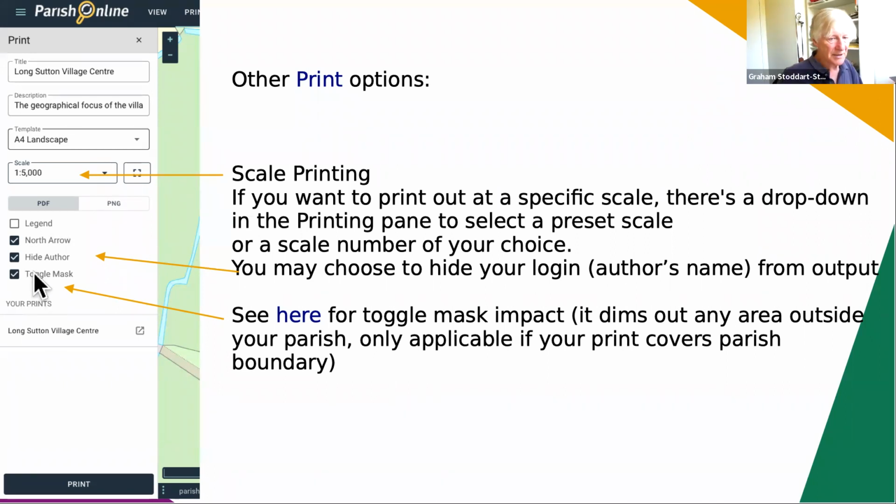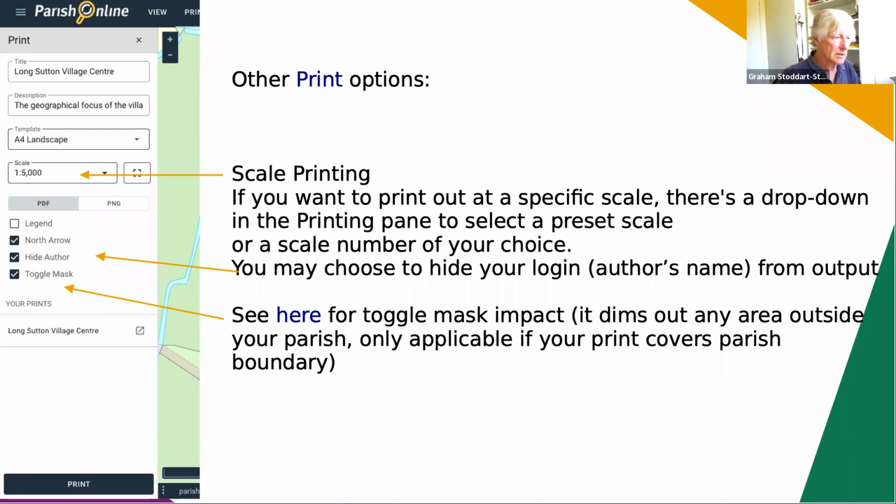The toggle mask is a very useful thing if you're trying to highlight your particular parish. So the toggle mask only works around the parish boundaries, and it will differentiate between your particular parish and the ones outside it. So you can choose to have the ones outside in a different color, or you can have them darker or lighter, or you can have them all looking exactly the same.